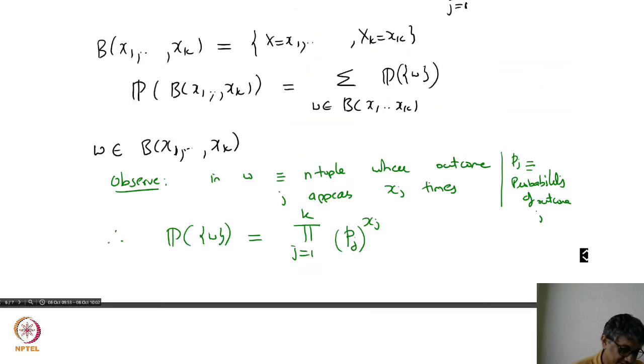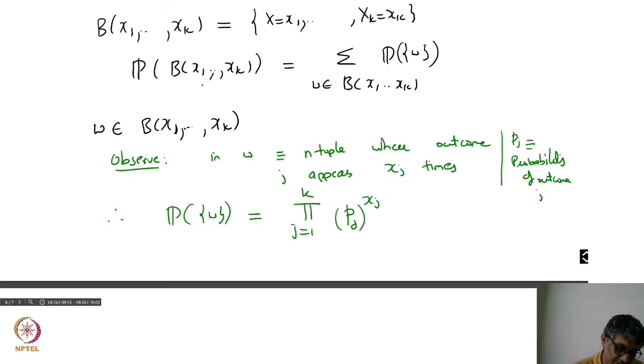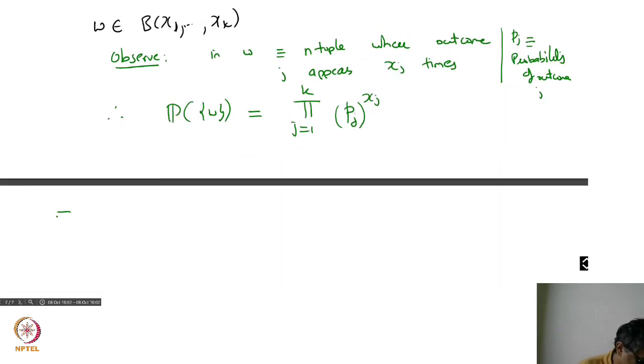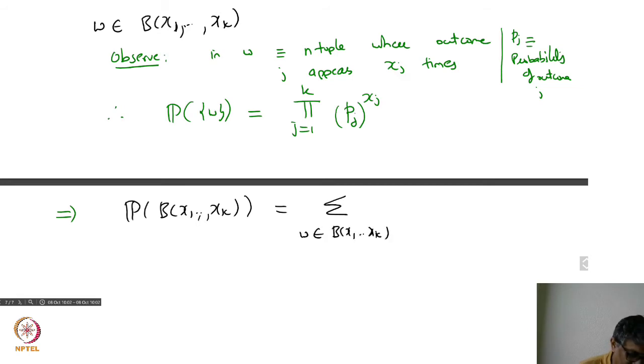So once you have this, if you want to compute the probability of B, this will immediately imply that the probability of B of x1 to xk is the sum over all omegas in the event B of x1 to xk, and each of them has the same probability. Let me copy this and put it down here.